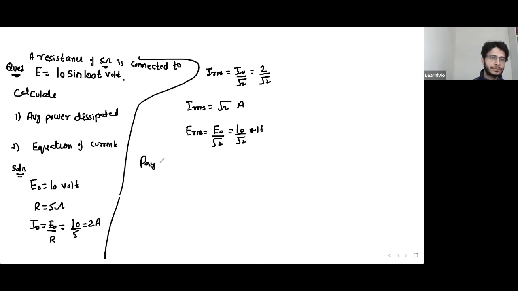Average power, the first part, is ERMS multiplied by IRMS multiplied by cos 0. ERMS is 10 by root 2. IRMS is 2 by root 2.